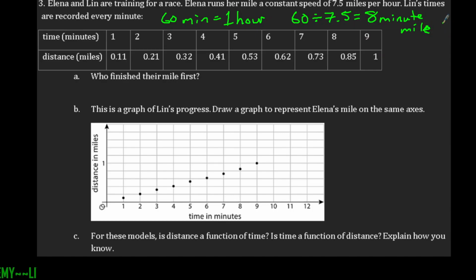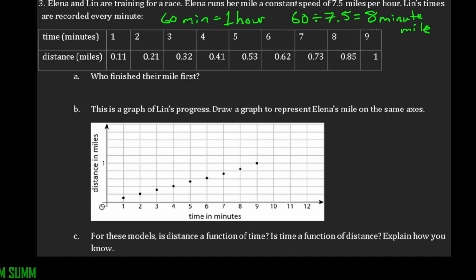So Lynn's times are recorded for every minute in that table given. So it says who finished their mile first. And so, well, if we look, Elena had an 8-minute mile where Lynn had a 9-minute mile.